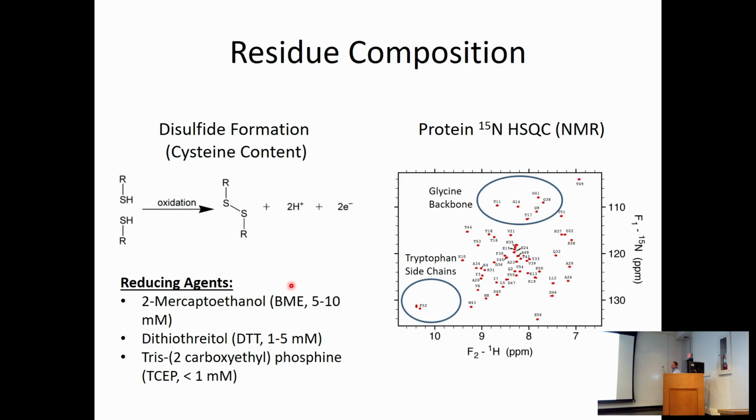Residue composition is another thing that's useful to know. Again, Matt's talked about disulfide formation, and we're going to see this here. Again, this is not the mechanism. This is just the stoichiometry of what's going on. In this case, you might want to talk about there being disulfide bonds in my protein. Some of those cysteines might be making covalent bonds to other cysteines, and that might have consequences for the molecular function if you're trying to study a protein with a particular function.